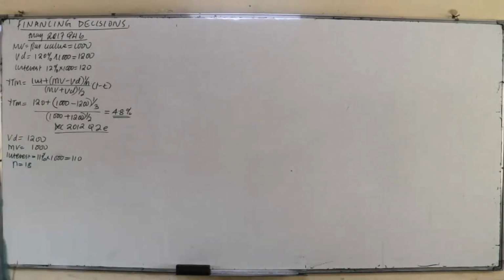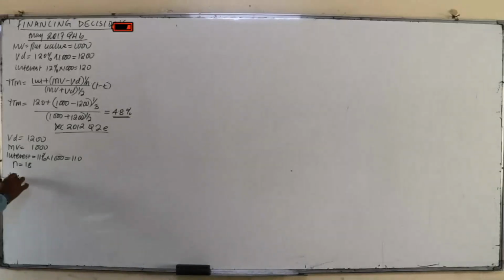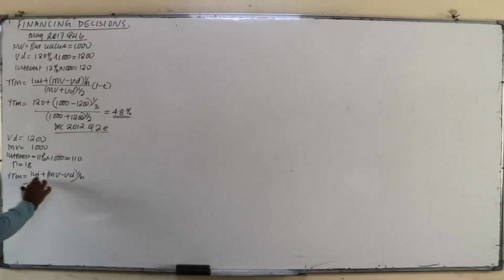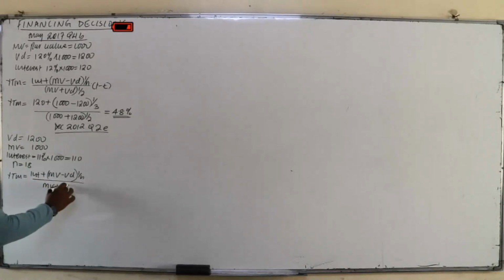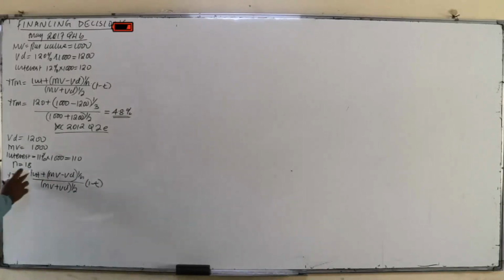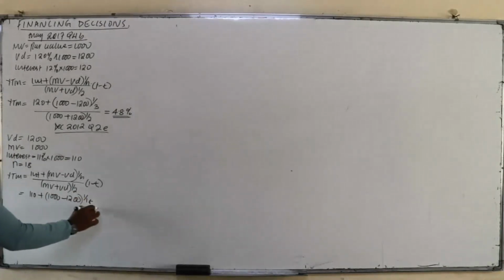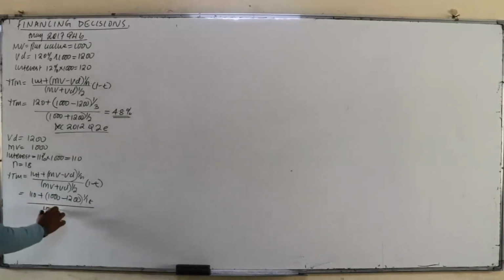Required, the yield to maturity. For yield to maturity, you take the interest plus maturity value minus value of the debt, 1 over n, divided by maturity value plus the value of the debt, you get the average, times 1 minus t. But in this case, there is no tax rate. If there were a tax rate, you would multiply by 0.7. So you take the interest, which is 110, plus the maturity value of 1,000 minus the value of the debt of 1,200, 1 over n, where n is 18 years, all of it divided by 1,000 plus 1,200, then you get the average.